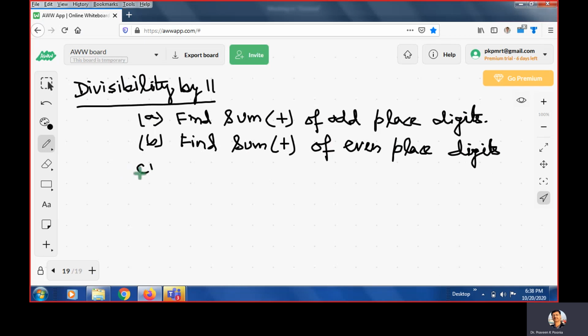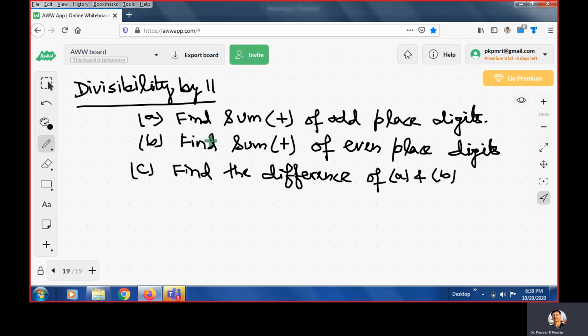Now find the difference. Find the difference of A and B. Whatever the numbers sum, you find the difference. Clear?